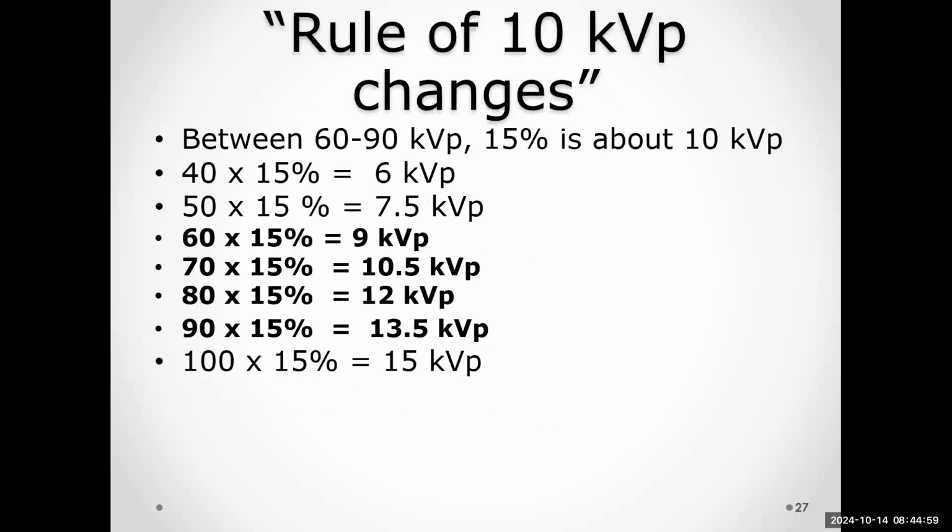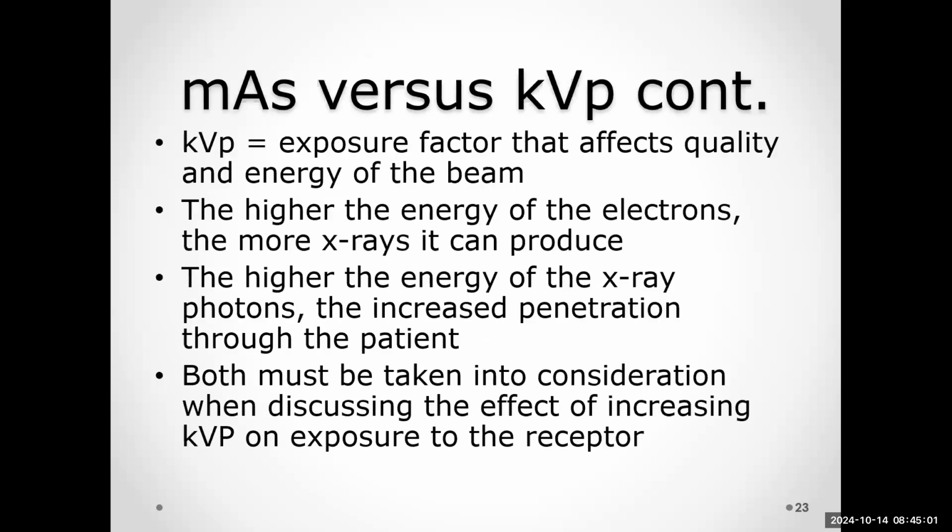I do want to go back for just a second to something, because I was going to give y'all an example here to help you understand. So when it says the higher the energy of the electrons, the more X-rays it can produce. So think about it this way.